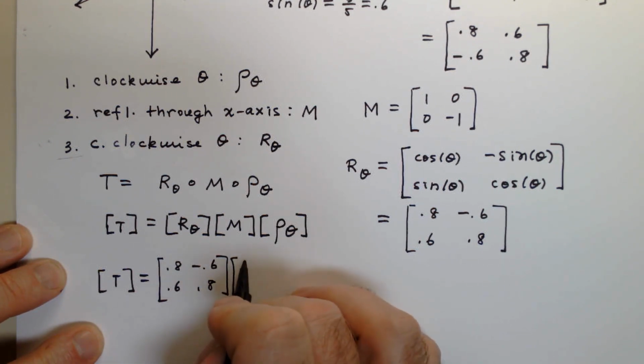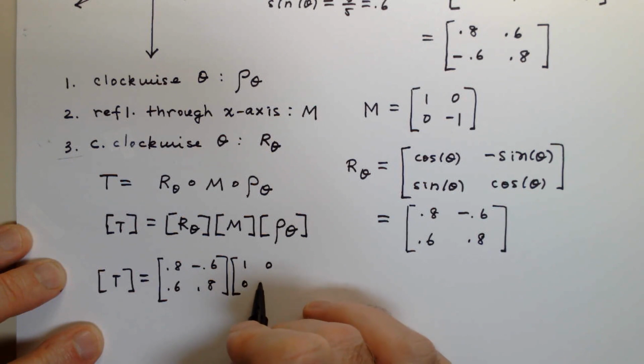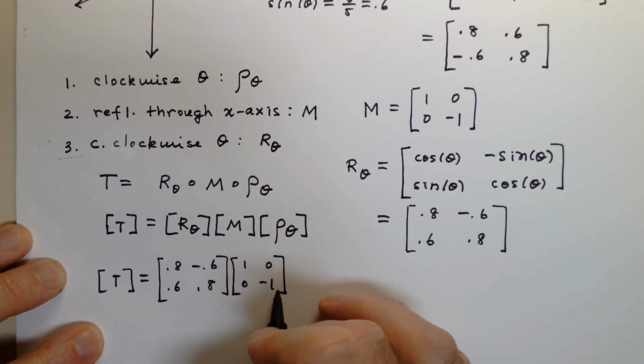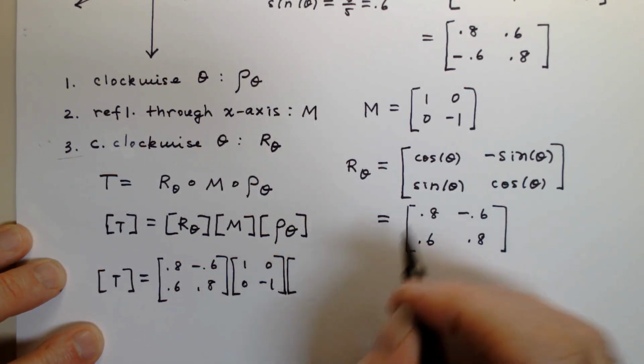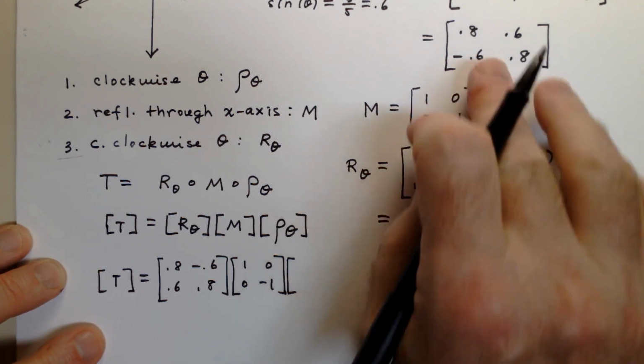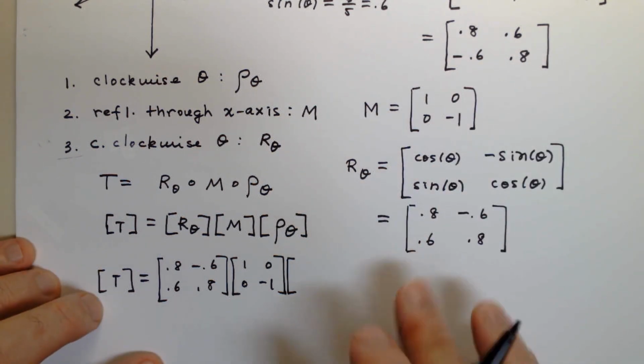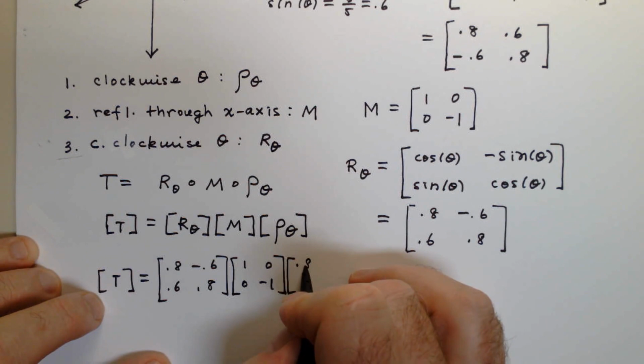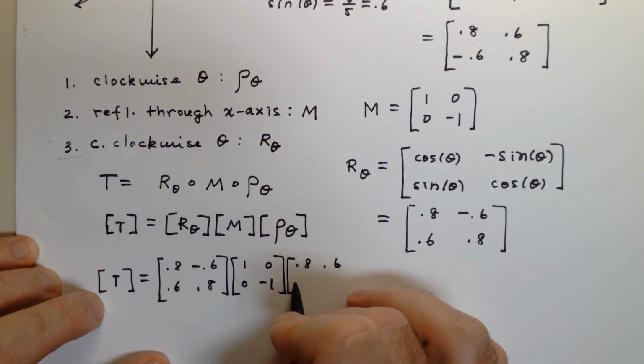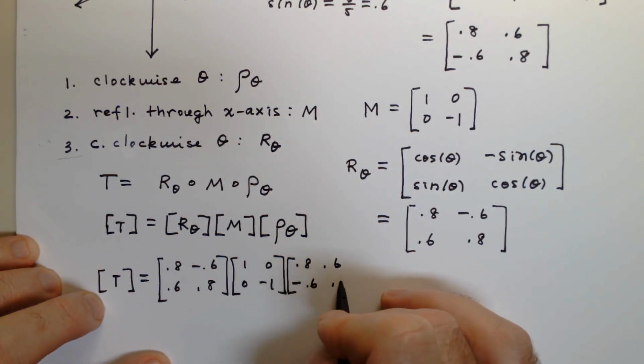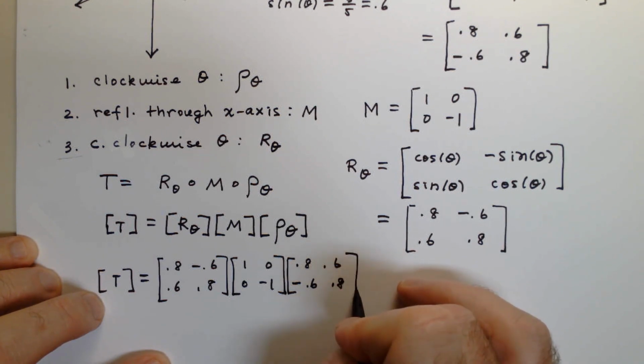In the middle, we'll have this matrix, the reflection. And then on the far right here, we're going to have our matrix that corresponds to our clockwise rotation. So 0.8, 0.6, negative 0.6, and 0.8.